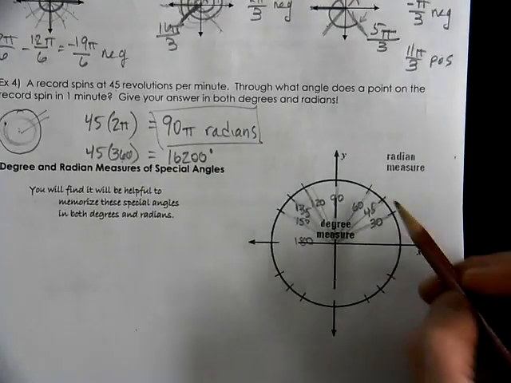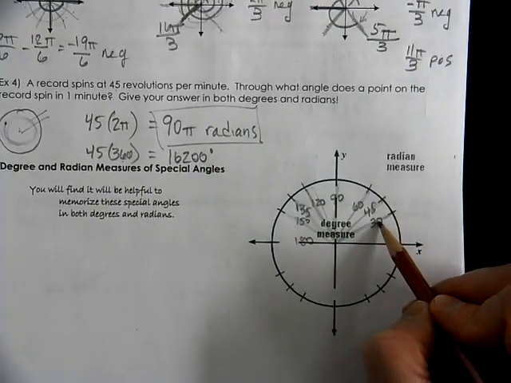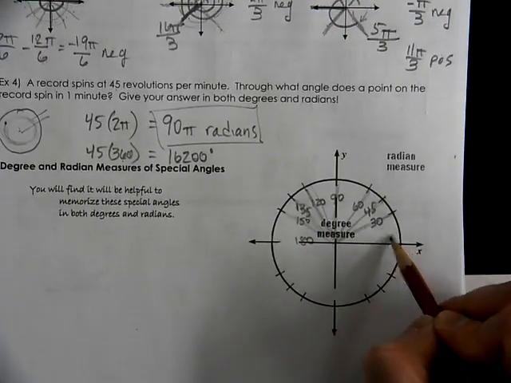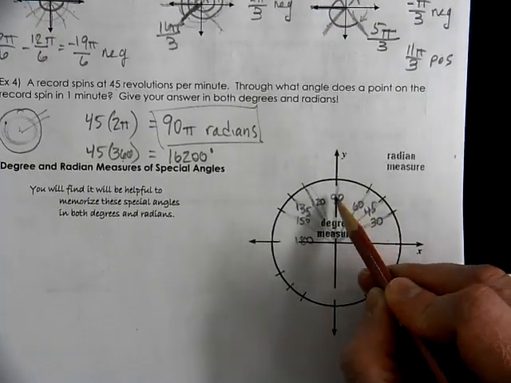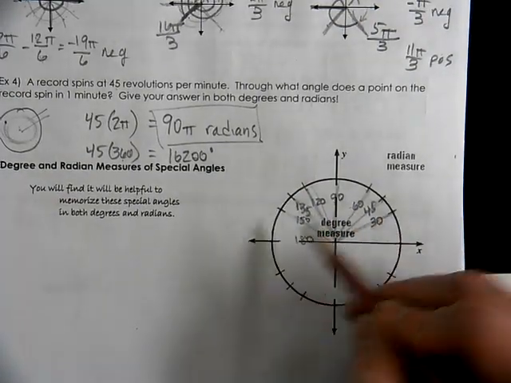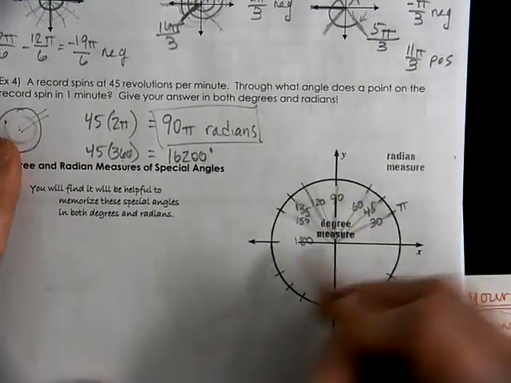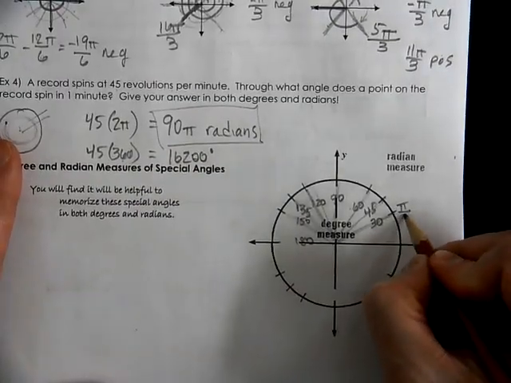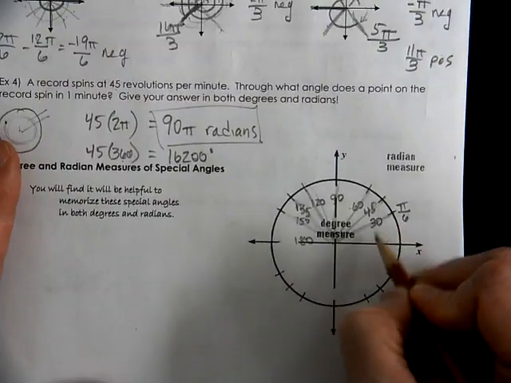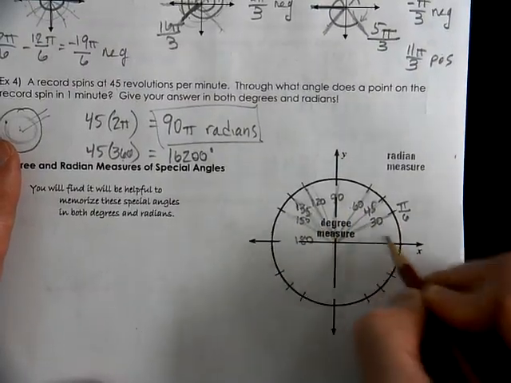In terms of radian, 30 degrees goes into 180 how many times? 30, 60, 90, 120, 150, 180. That was 6 total. So this is the 180 divided into 6 equal pieces. This is 45. There are 4 equal pieces.